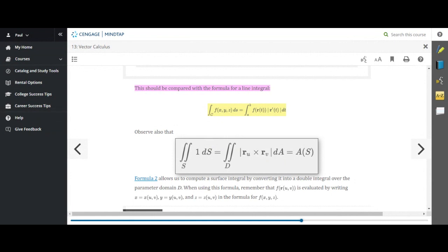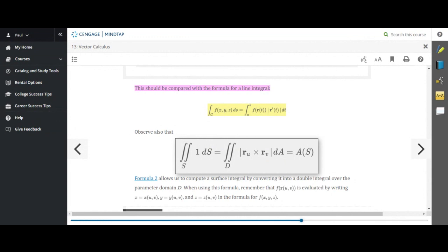What's your integrand equal to? 1. That's right, Ellie. Good.